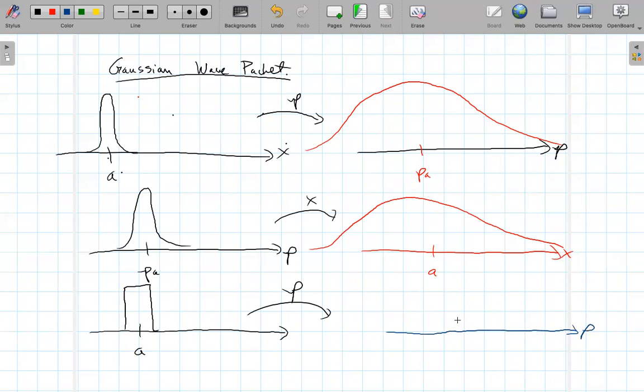So in momentum space, if this was, say, PA, again, this becomes much more spread out, but it also becomes much more curved, and we get this ringing. So you get these non-zero expectation values in these locations. Okay?